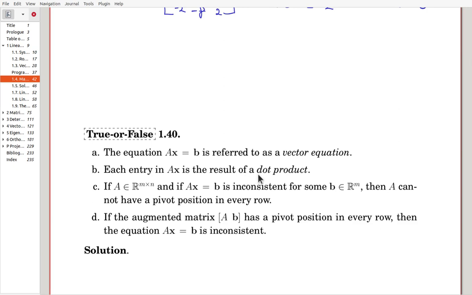We didn't consider the concept of dot product so far. However, that is true.